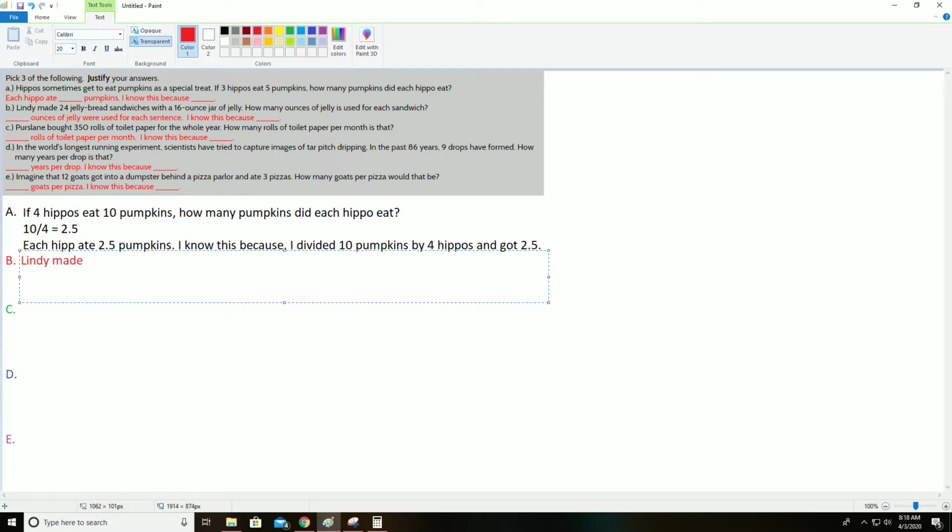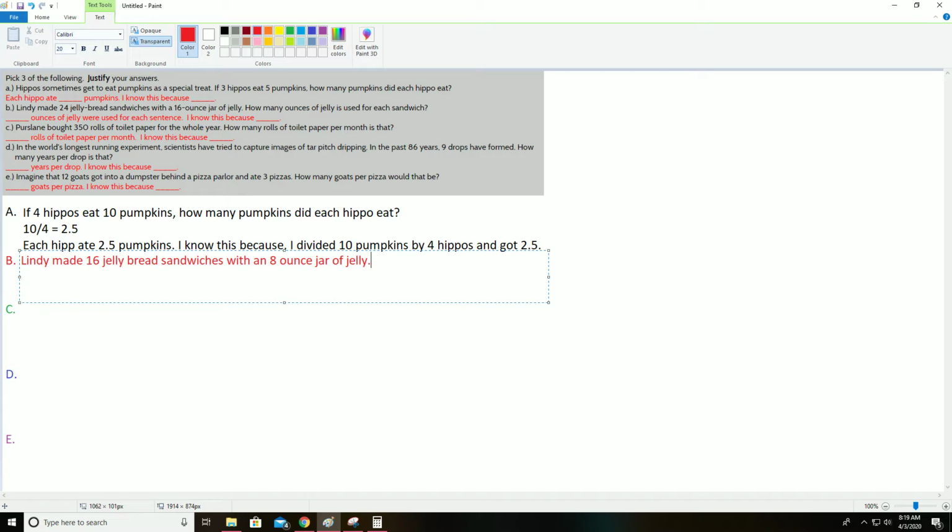Lindy made, let's say she made 16 jelly bread sandwiches with an 8-ounce jar of jelly. So we want to know how many ounces is she using for each one?